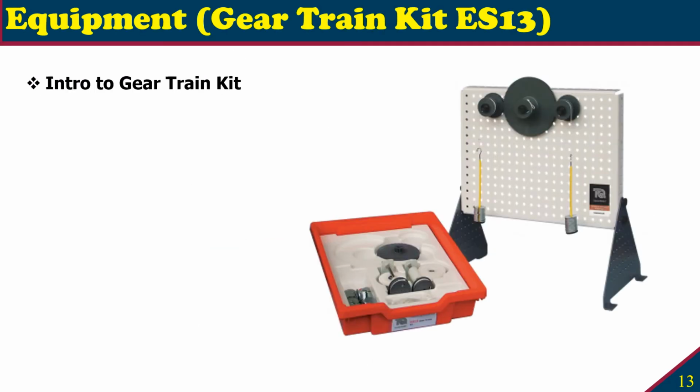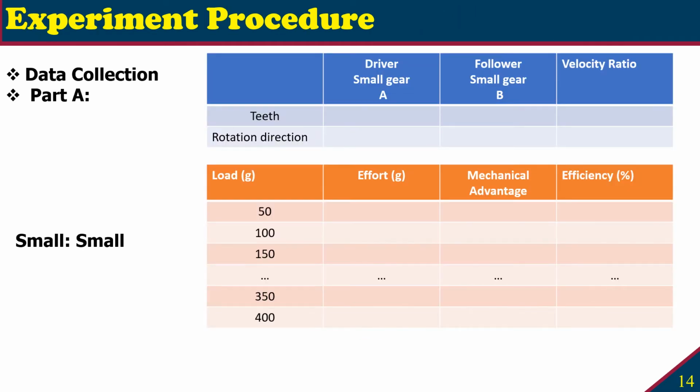So for this lab, we're going to use the gear train kit ES13 from Tech Equipment. On this gear set, you will have the board, different size gears, weights and weight hangers, so that you can arrange 4 different arrangements. So we will have 4 parts of this experiment.